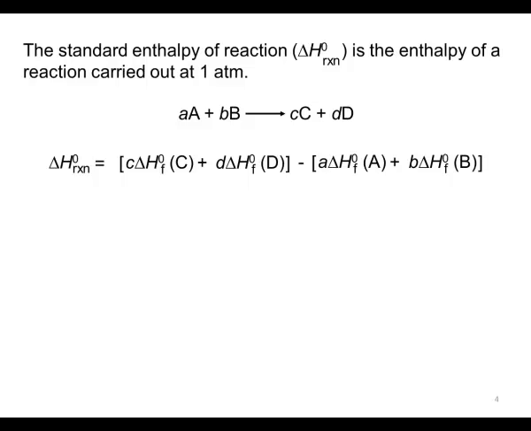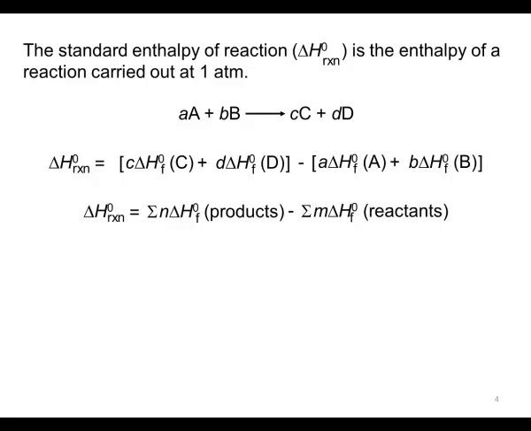For the hypothetical reaction, a moles of A plus b moles of B yields c moles of C plus d moles of D, we can write that the heat of reaction is equal to c times the heat of formation of compound C plus d times the heat of formation of compound D minus a times the heat of formation of compound A plus b times the heat of formation of compound B. This can be summarized as the heat of reaction equals the sum of the heat of formation of the products minus the heat of formation of the reactants.